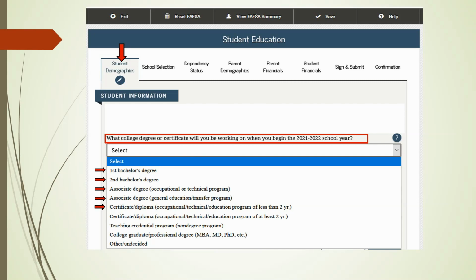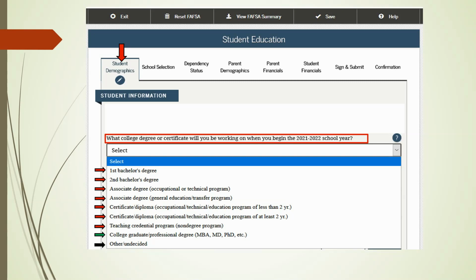There's also the option for certificate or diploma for a program of less than 2 years or at least 2 years. There's teacher credential programs, which are non-degree programs. And then if you are attending college as in a master's or a professional degree program, such as a Ph.D. or law school or dental school or medical school.